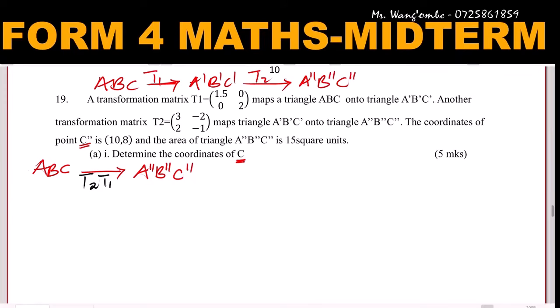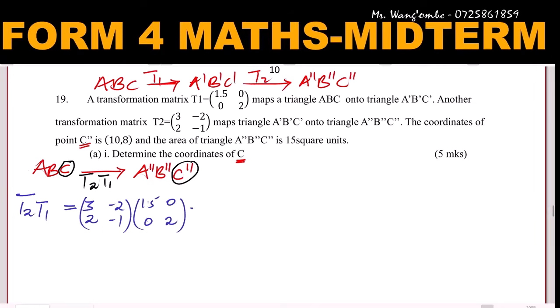So we need to get this, and this is what is going to help us because our interest is getting that point C, and we already have C double prime. So we go straight to getting that single matrix for successive transformation, T2 multiplied by T1. So T2 is 3, 2, negative 2, negative 1. Then multiply by T1, 1.5, 0, then 0, 2.